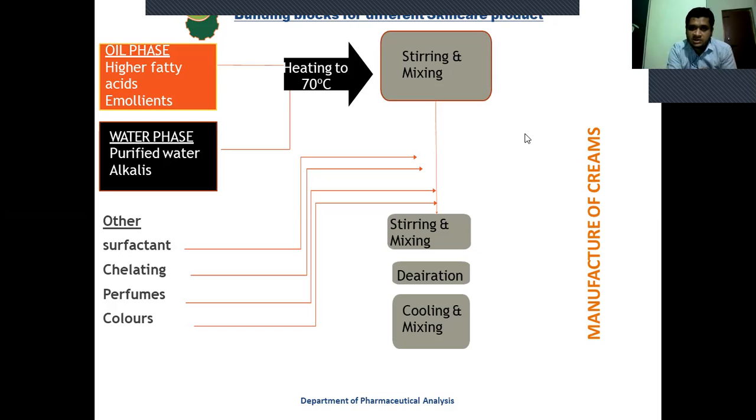Then you have to mix properly, remove from the heating zone, and continue the stirring. When the temperature has decreased a little bit, then we add the other ingredients. The stirring should continue, then de-aeration and cooling, mixing, and then we can pack it. So this is the manufacturing of any type of creams.